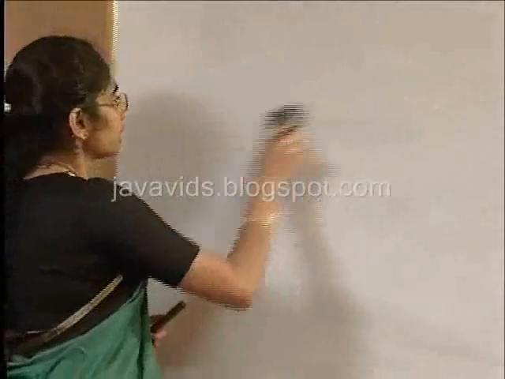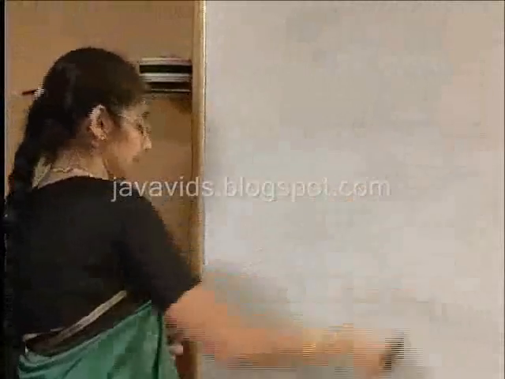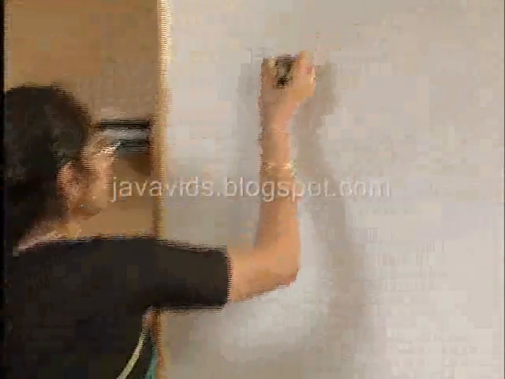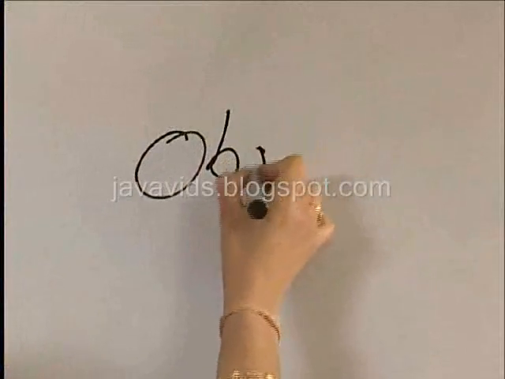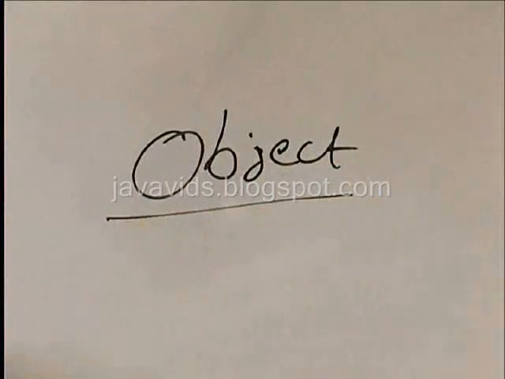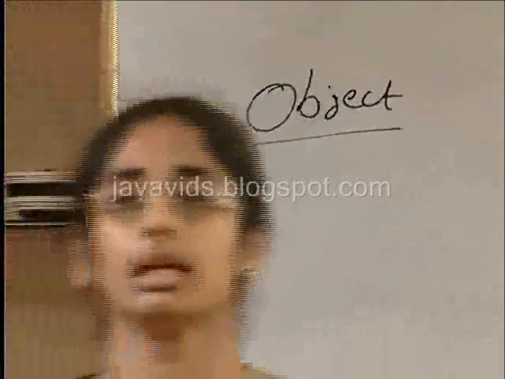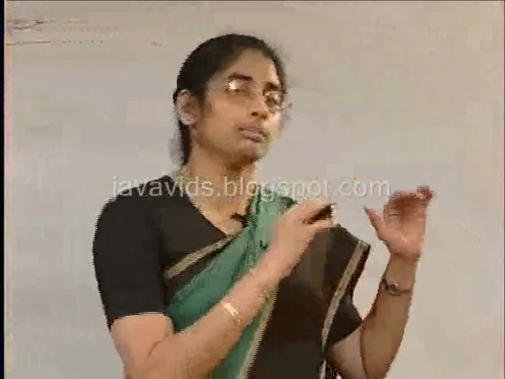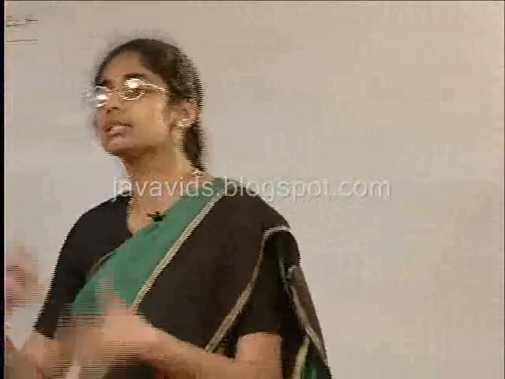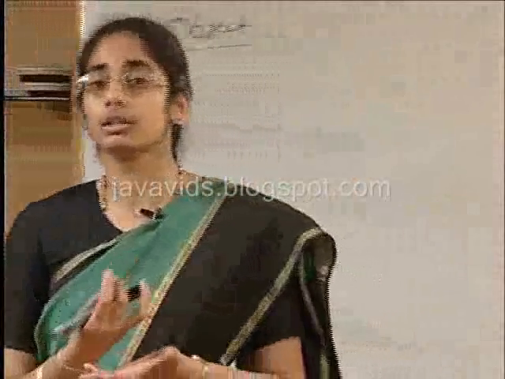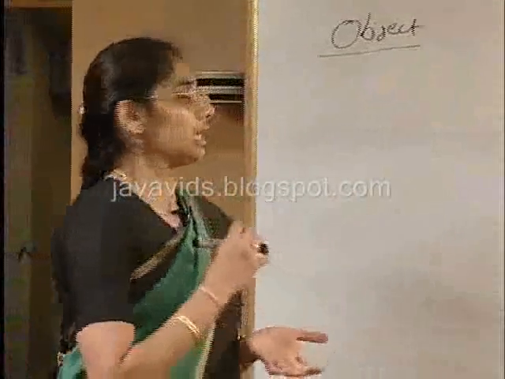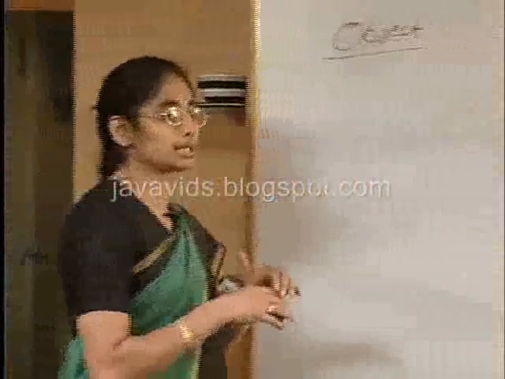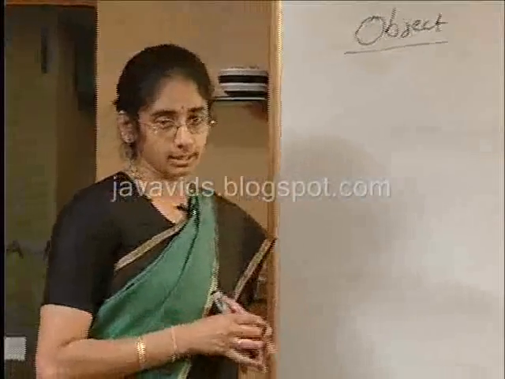Now let's take a look at some of the classes in this lang package, starting with the class called Object. Object is the root class for all the classes. Any class that you talk about, be it the predefined Java API classes or the classes that you are defining, the parentmost class is the Object class.